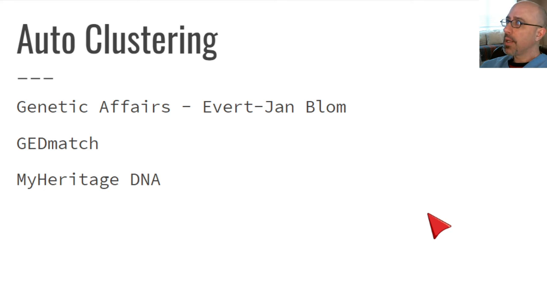E.J. Blom's really put out a lot of good stuff, and his tools are built in at GEDmatch and MyHeritage DNA. He has his own website, Genetic Affairs, so I really recommend this highly. Check it out. You'll learn a lot about match list analysis, and you'll have some tools to have it done for you automatically.